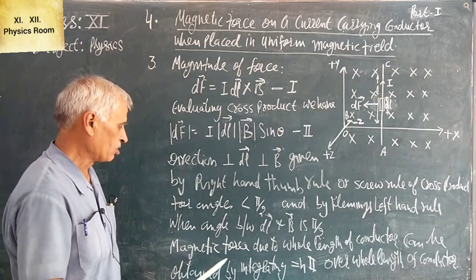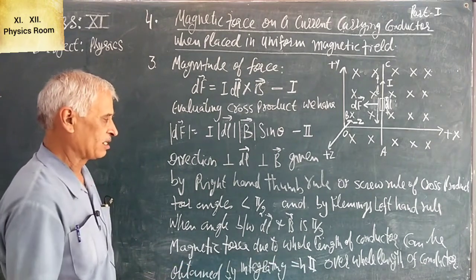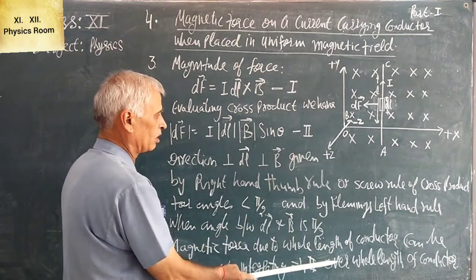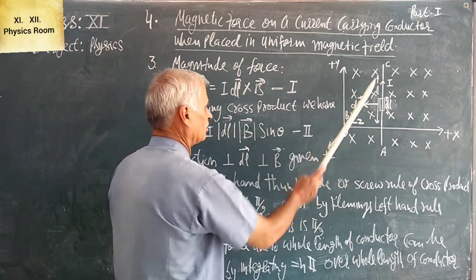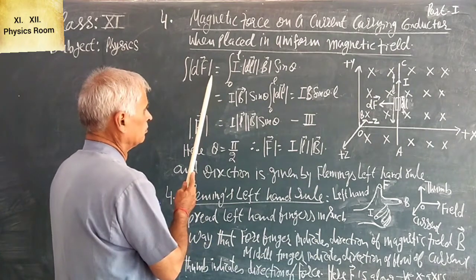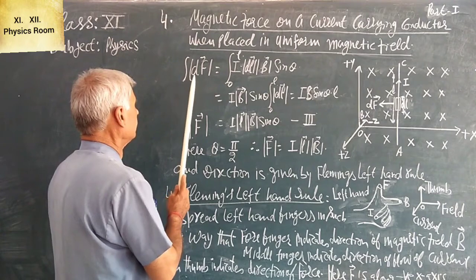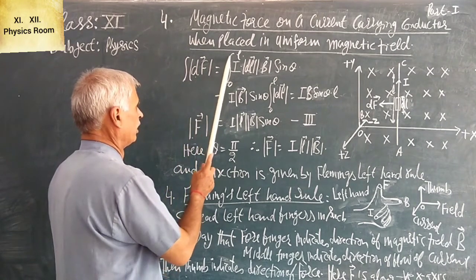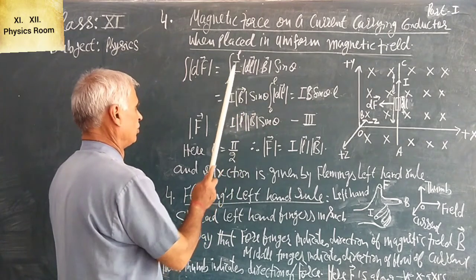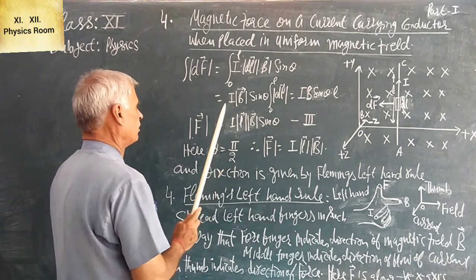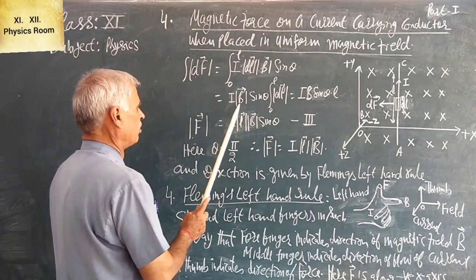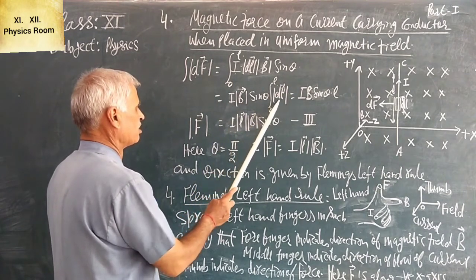Now the magnetic force due to the whole length of the conductor can be obtained by integrating equation 2 over the whole length of the conductor from 0 to L. Integration of mod dF equals integration of I dl mod B sin theta from 0 to L. We can write this as I mod B sin theta times integration of dl.